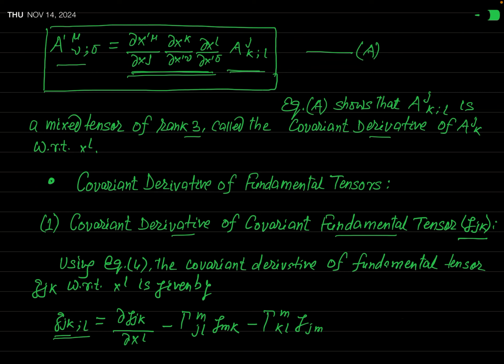This is defined as del GJK by del XL minus gamma superscript M, J L, you know this is actually the Christoffel symbol of second kind, times GMK, this is the covariant fundamental tensor, and minus gamma M K L times GJM. This equation has been written on the basis of the result which we have obtained just now.